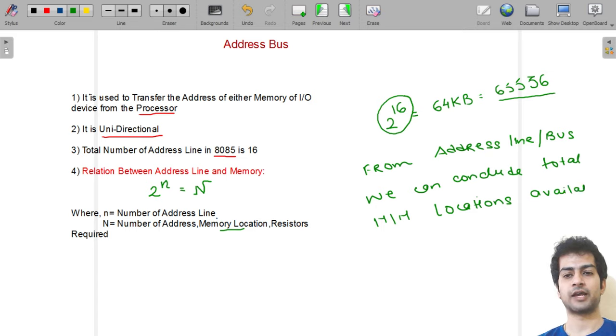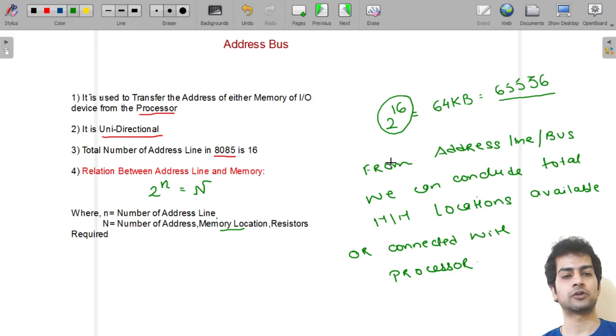This is an important conclusion you should remember.